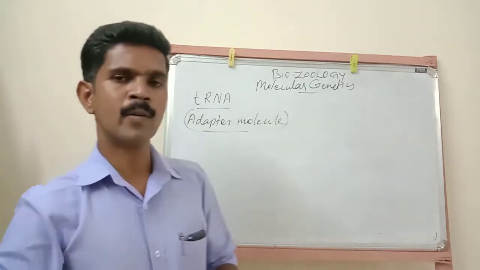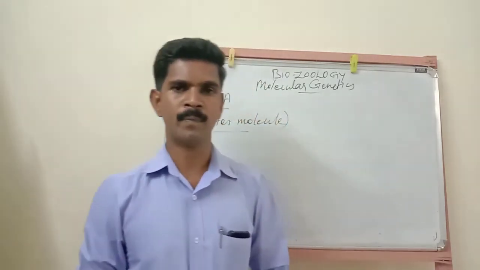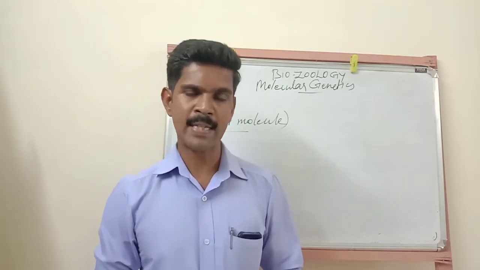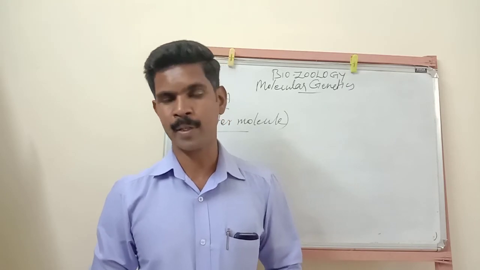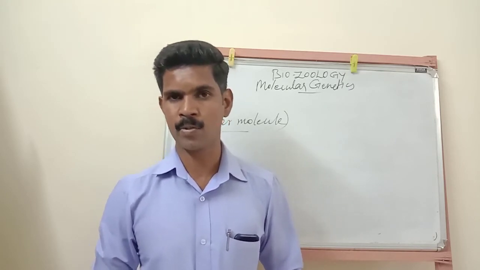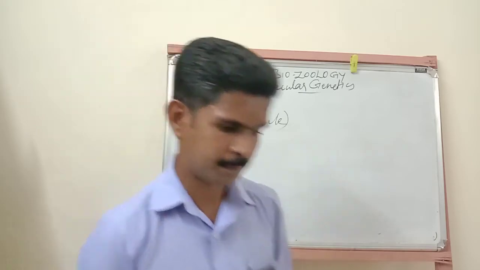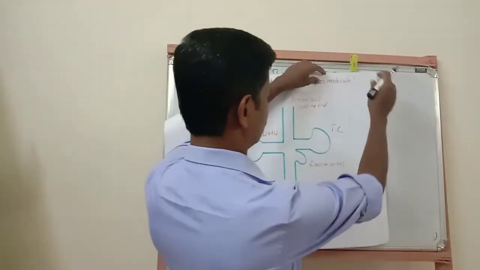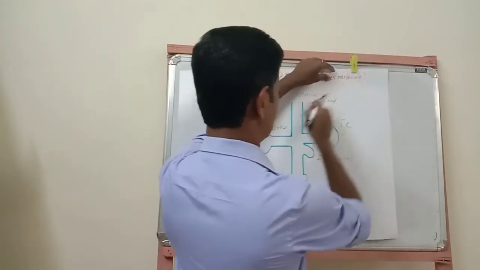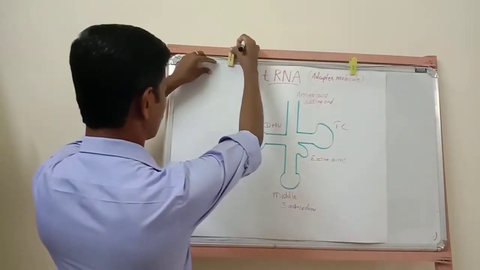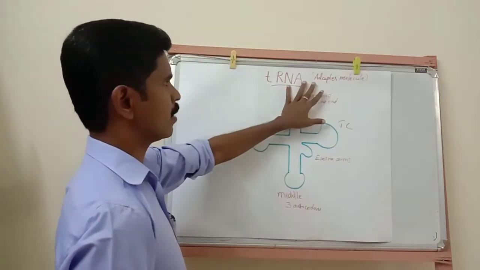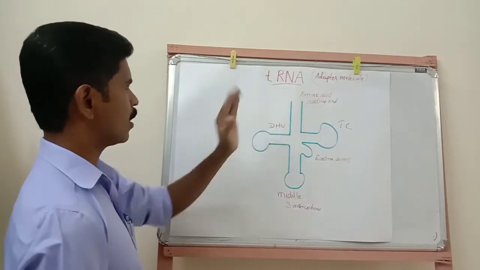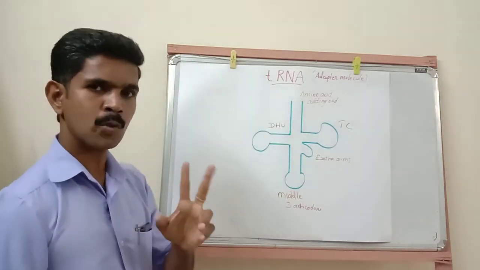Now we are going to study the third question, structure of tRNA. tRNA is also called adapter molecule. See, in this chart I have drawn the structure of tRNA. The tRNA is called adapter molecule for two reasons.